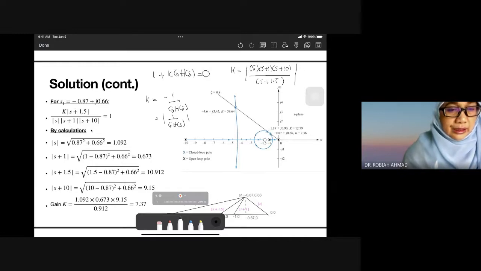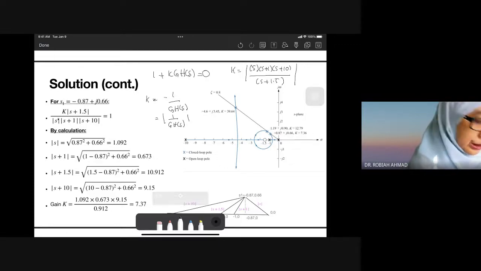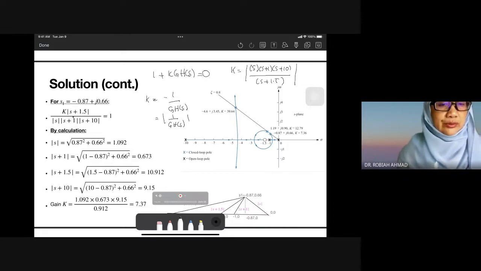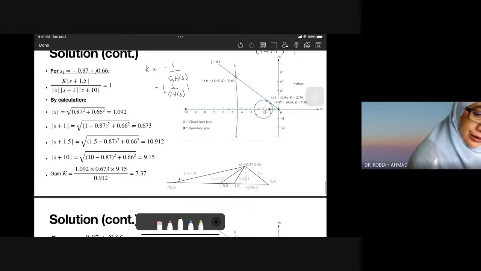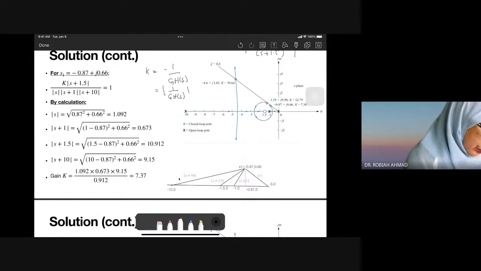So let us calculate, because we need to determine the distance. Finding the magnitude is actually finding the distance of that point to the poles and the zeros. Please look here. Let's say this is our point S. I'll enlarge this part.